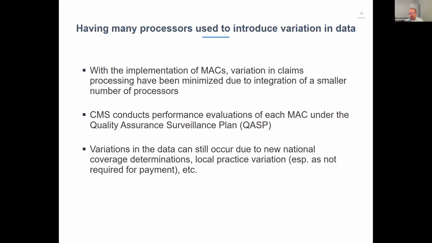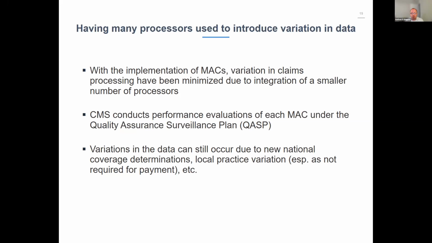It's a good reassurance. The variations in the data that do occur, though, often require you to have contextual knowledge of what's going on in the policy space, in the legislative space, those kinds of things. Sometimes because of new evidence, CMS will issue a national coverage determination where they actually change what is covered under the Medicare program.